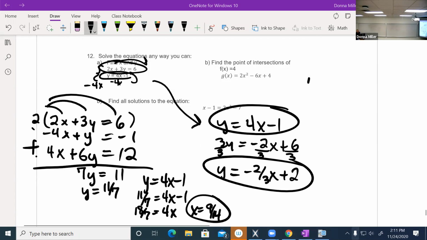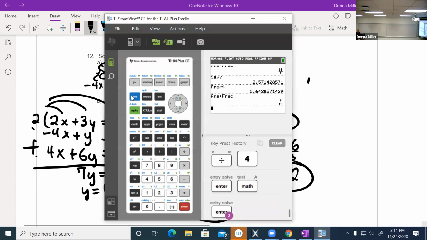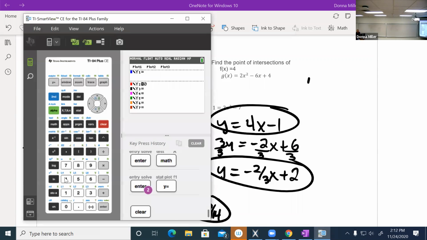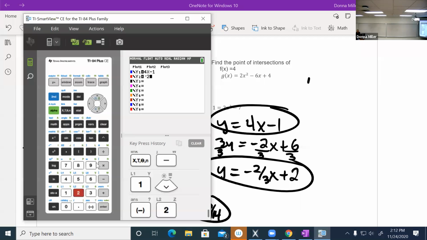All right, so plug them in. I'll go to y equals. The one y equals was 4x minus 1. The other one, negative 2/3 x plus 2.